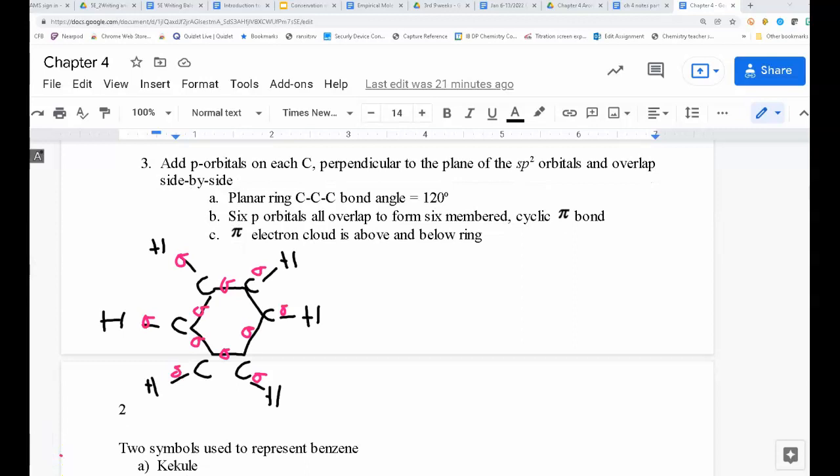Okay, so as you can see, here we go. There are our sigma bonds, and now we're going to add in the 6 p orbitals and try to show how they all overlap. So you can see where all the sigma bonds really are right now, and I'm actually going to go ahead and get rid of all those sigma bonds.